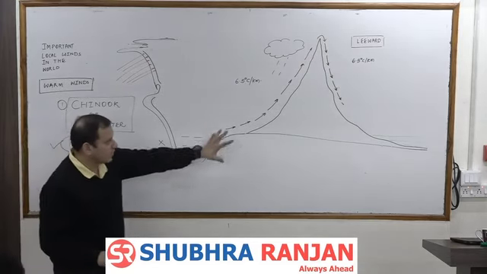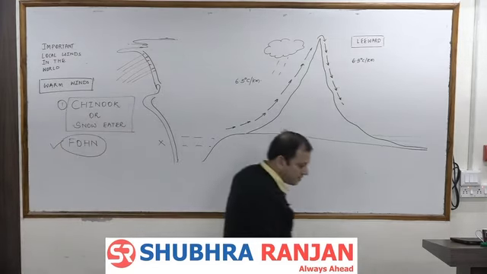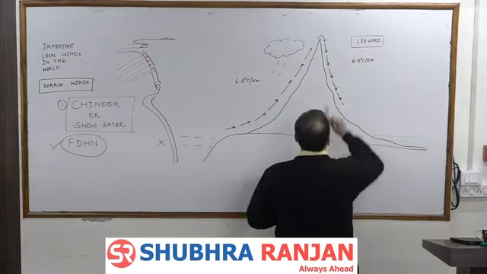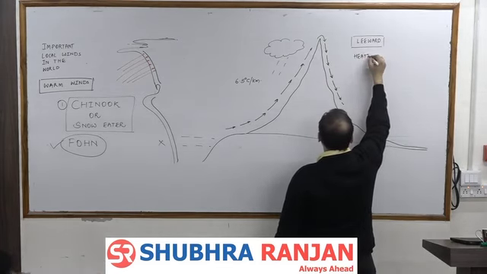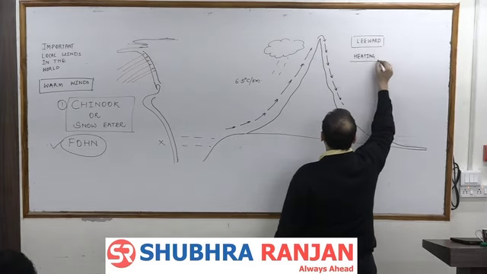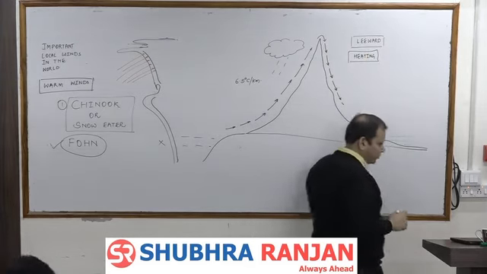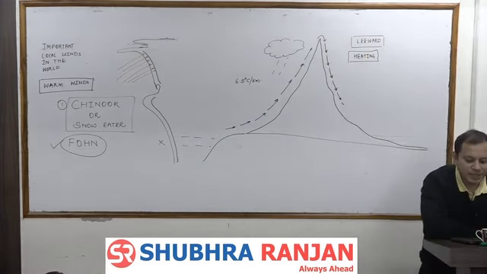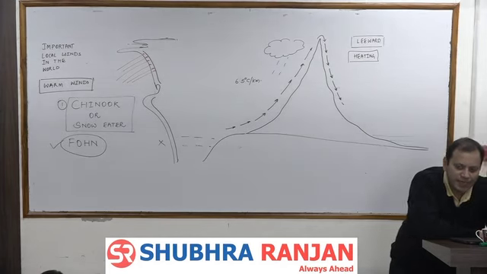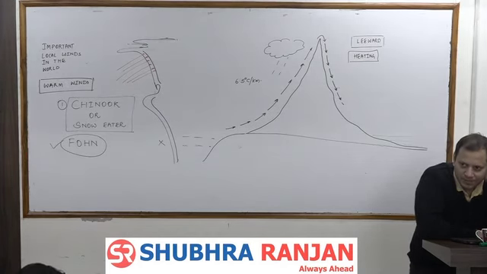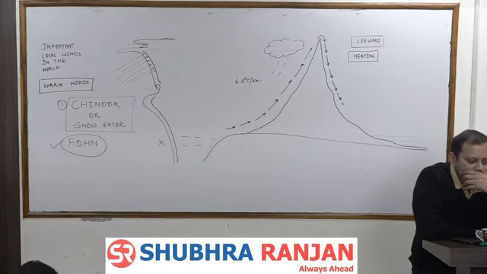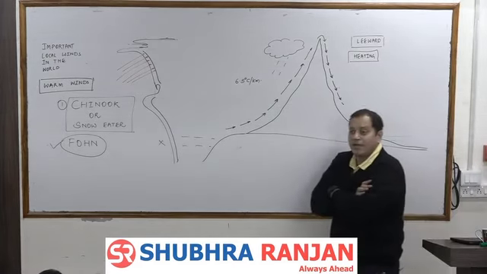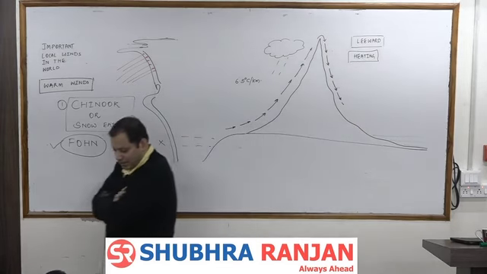Chinook, you can draw this diagram. So can I say Chinook is the wind that comes in the katabatic and anabatic wind category? Upward and downward movement. So you can take down Chinook and fawn. दोनों एक ही इसमें लिखना. Chinook and fawn.